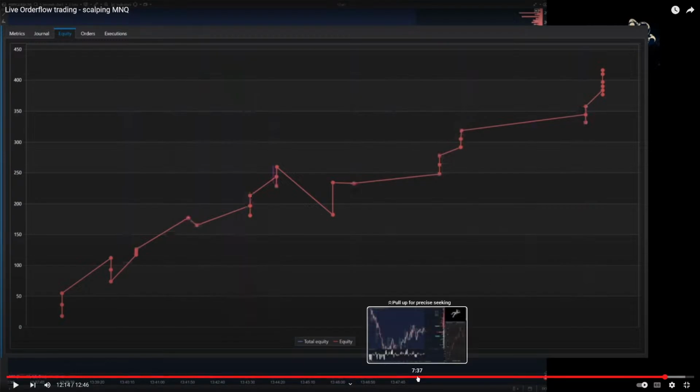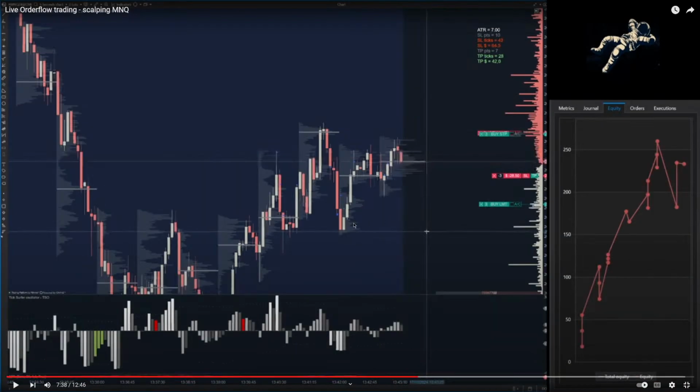Like, let's just go to any random place here, right? When you see volume being traded in this area, the question is just, was it mostly sellers or mostly buyers that were active, right? And when I entered into this position, I thought it was mostly sellers being active in this high volume node.